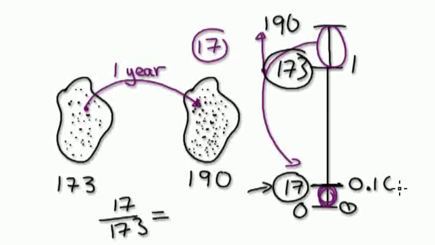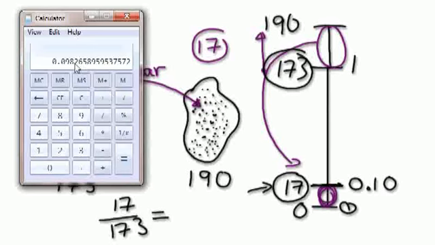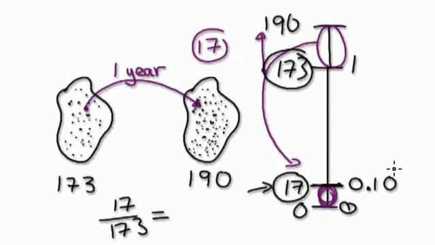If you round it off, it will become 0.10, which means it's 10%. So that's an increase of 10%. So always remember the actual increase. Compare that to the original here.